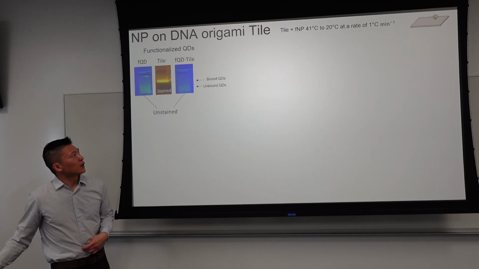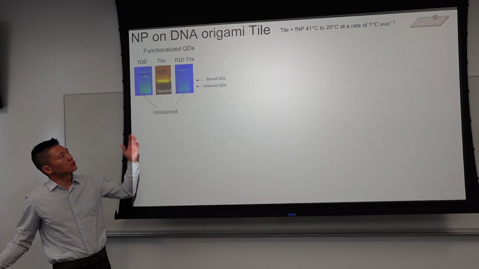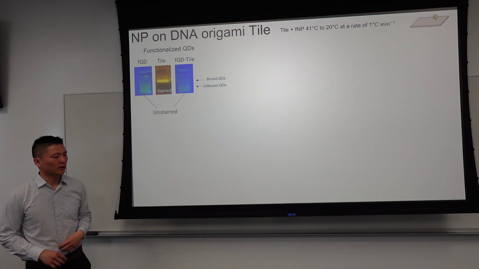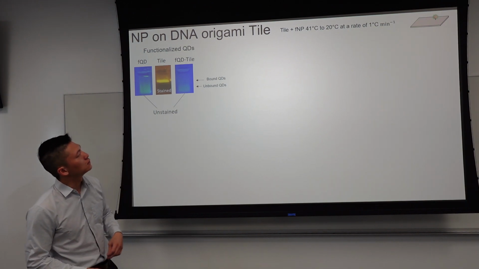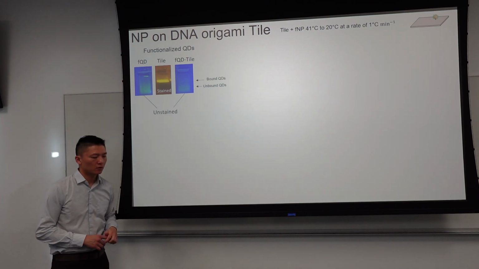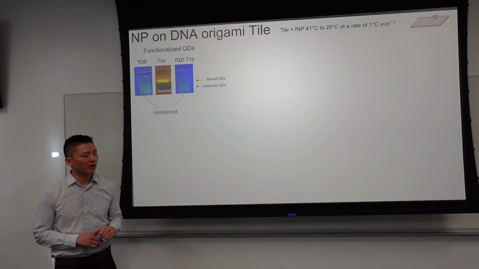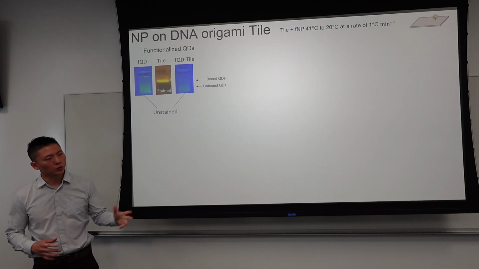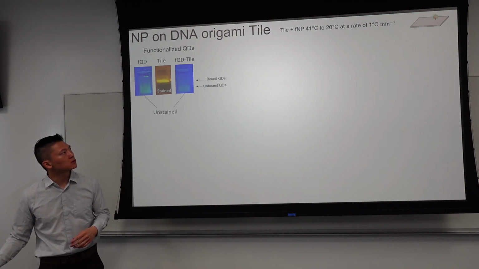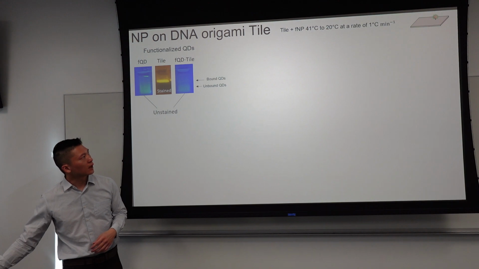For the functionalized quantum dots, the gels do indicate that where the tile is, there is an overlapping band, which we attribute to quantum dots that are bound to the tile.